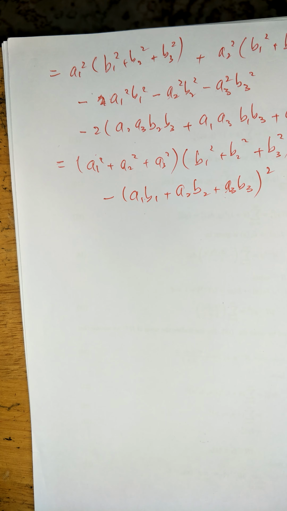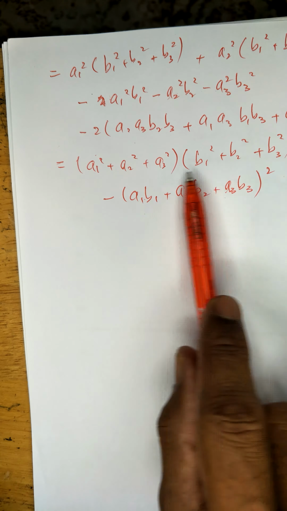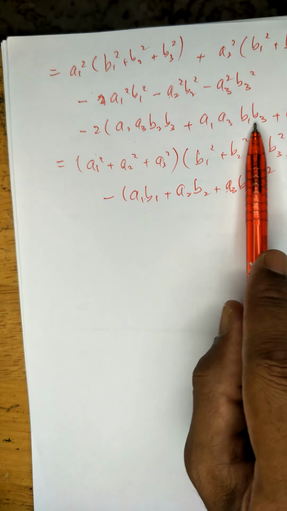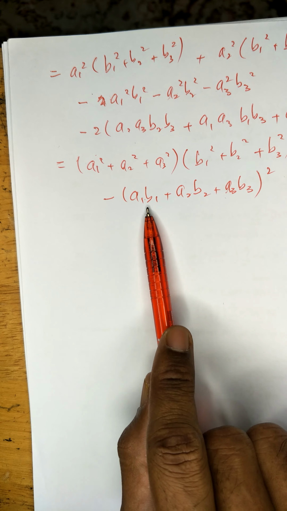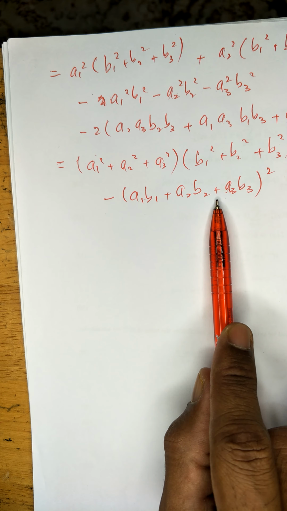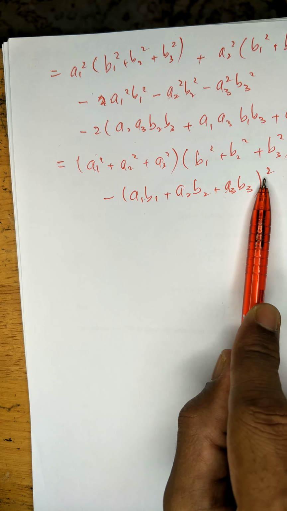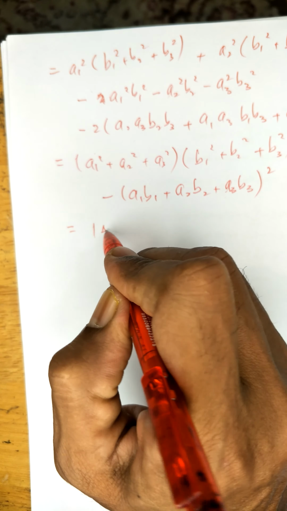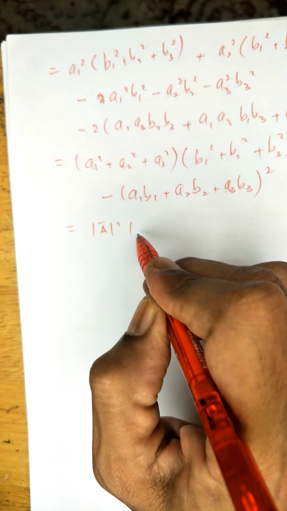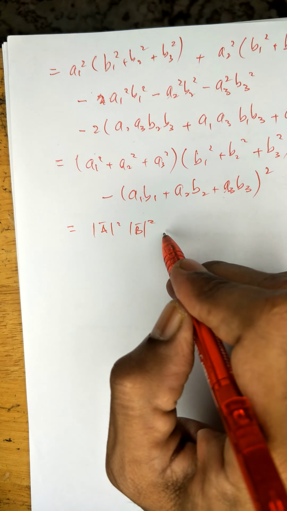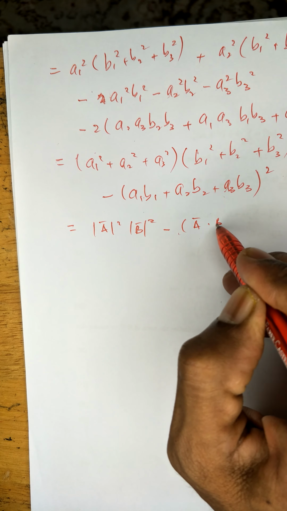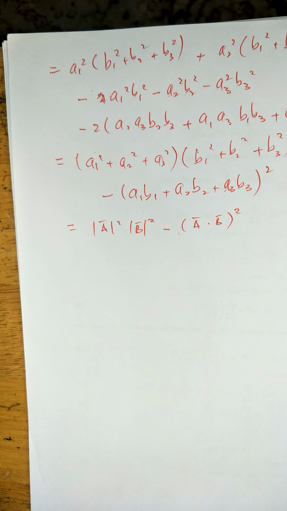Okay, so from there it is obvious this is magnitude of A, this is magnitude of B, and this is A dot B, and we have that squared. So that gives us magnitude of A squared magnitude of B squared minus A dot B squared.